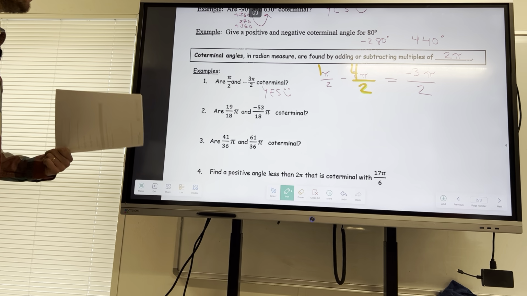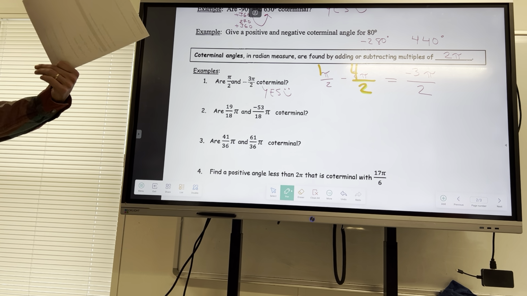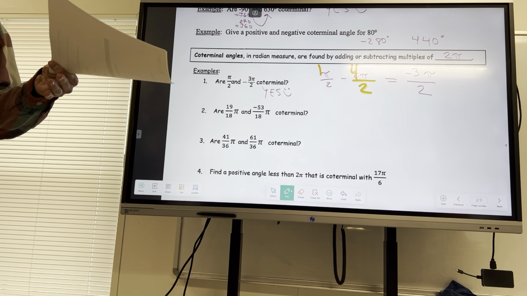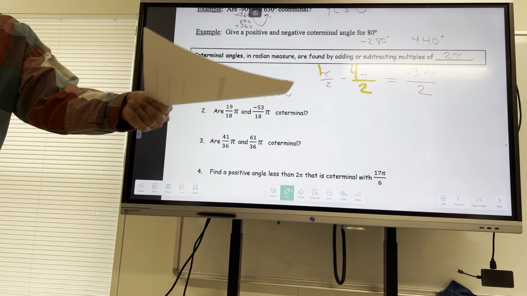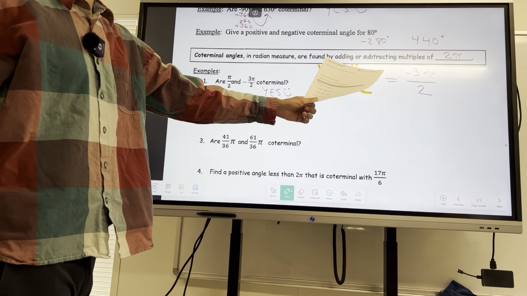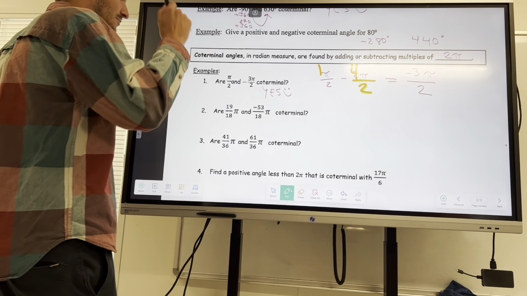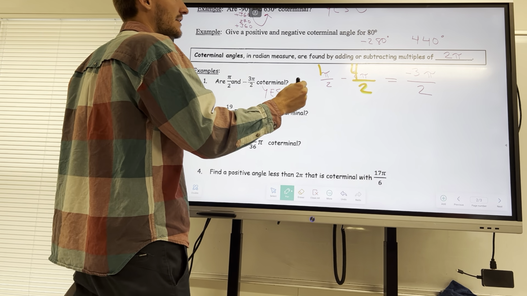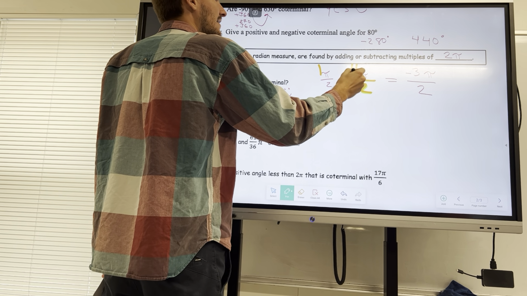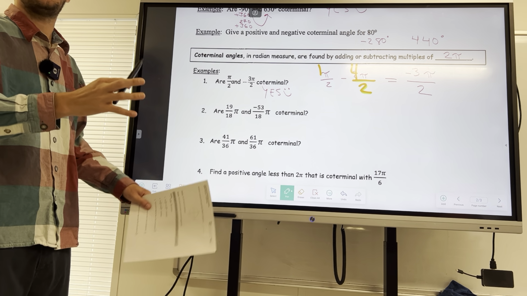Now, how can we do this a little bit faster? Again, the point of this is that we're trying to save time from converting everything, doing the math, and converting everything back. And this still took a little bit of time, so maybe this isn't just as fast. But if we can keep track of this pattern, we want to add or subtract 2 pi, and 2 pi is not going to be able to stay as 2 pi.